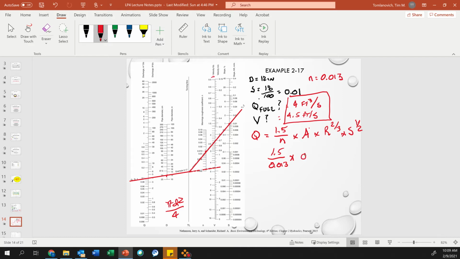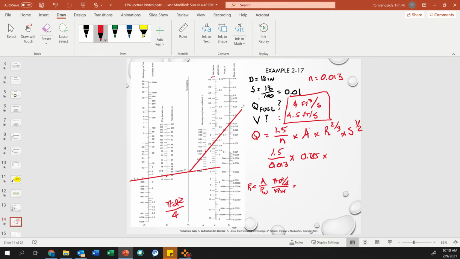0.785 square feet, times hydraulic radius. Hydraulic radius equals cross-sectional area of flow over wetted perimeter. If you look in your book, if the pipe is full, this is pi d squared over 4 divided by pi times d.